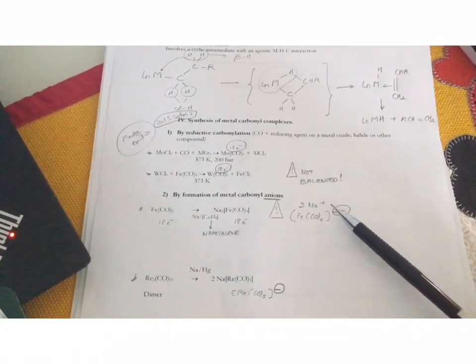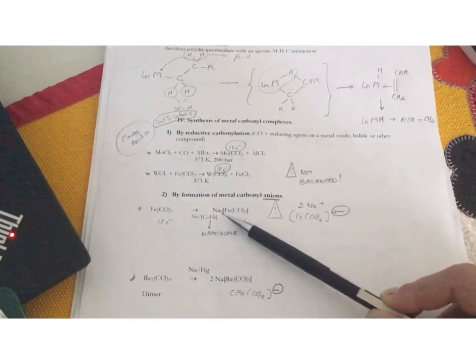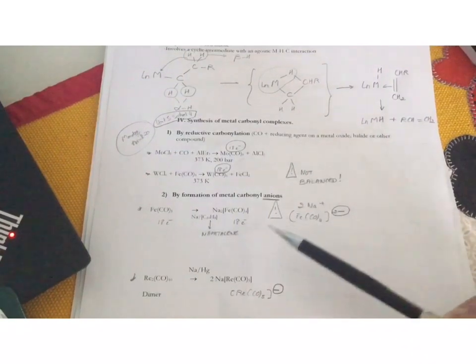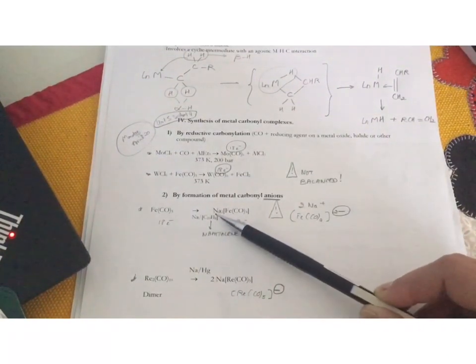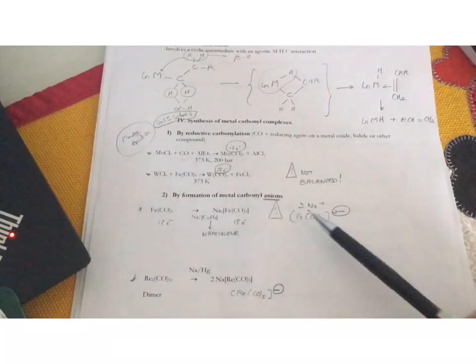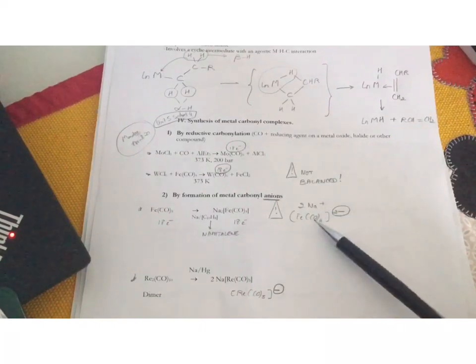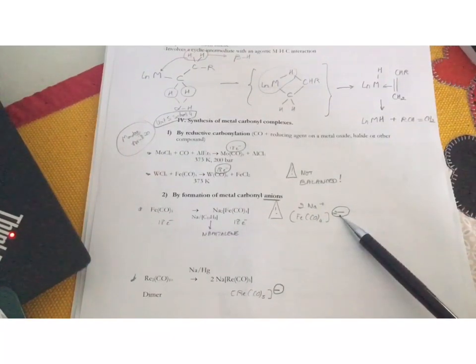So my anion here will have a -2 charge, which means that the counter cation will need to have a total charge of +2. But we know that sodium can only have 1+ charge because it's in group 1. So I therefore need 2 sodium cations with a +1 charge to counterbalance the -2 charge on the iron-based carbonyl anion.